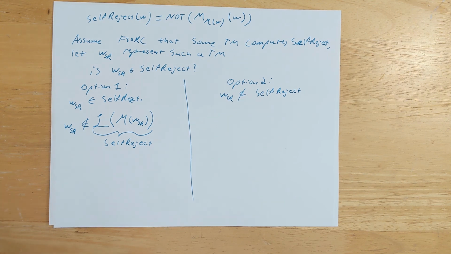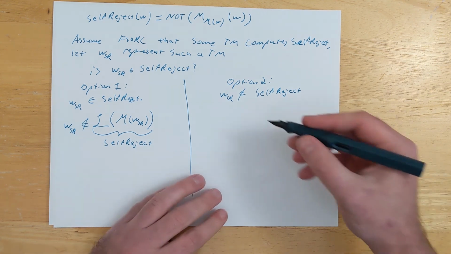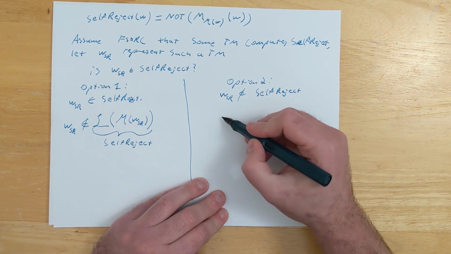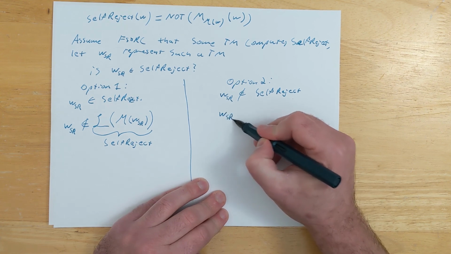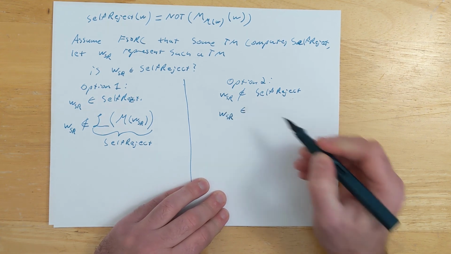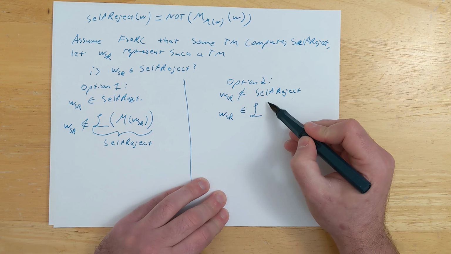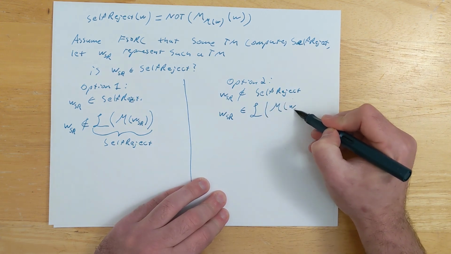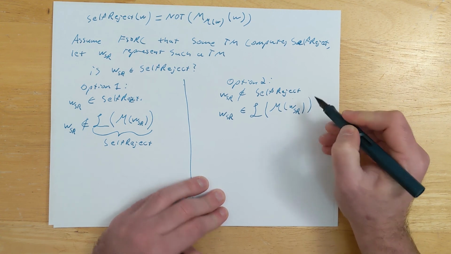So let's look at option 2. All hope is not lost for this theorem yet if option 2 works out, so let's try it. If WSR does not belong to self-reject, that must mean that WSR does belong to the fancy L, the language of the fancy M, the machine which WSR represents.